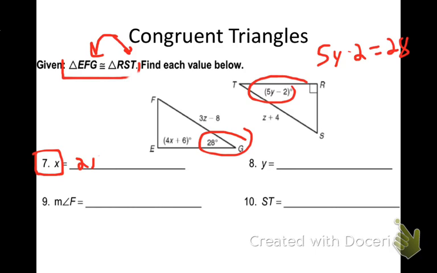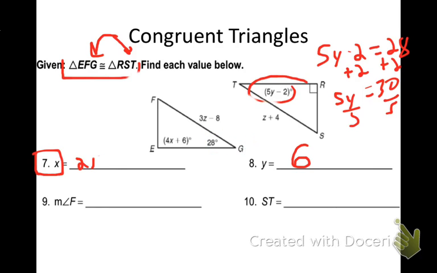I'm going to add 2 to both sides. 5Y equals 30. Divide by 5. Y comes out to equal 6.